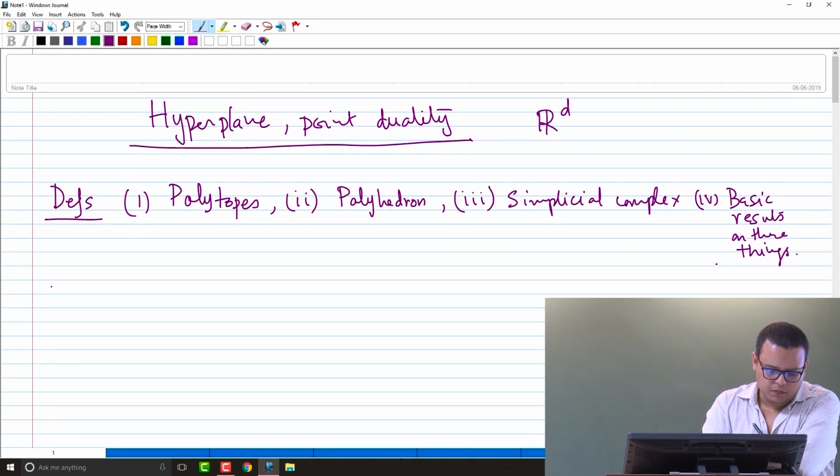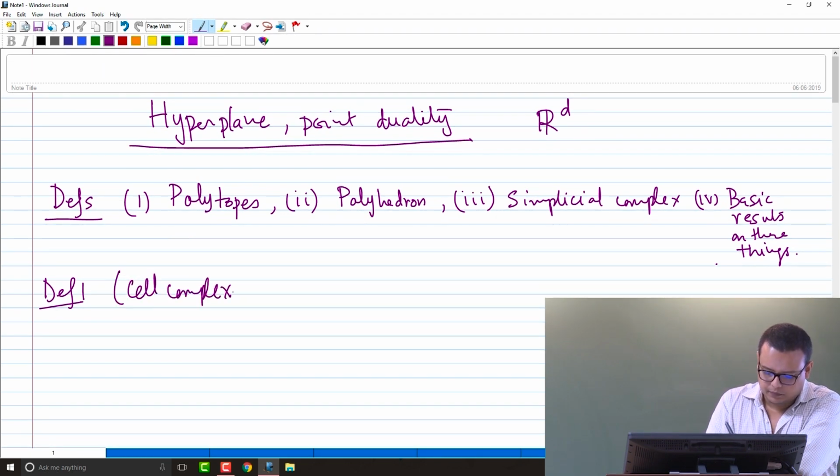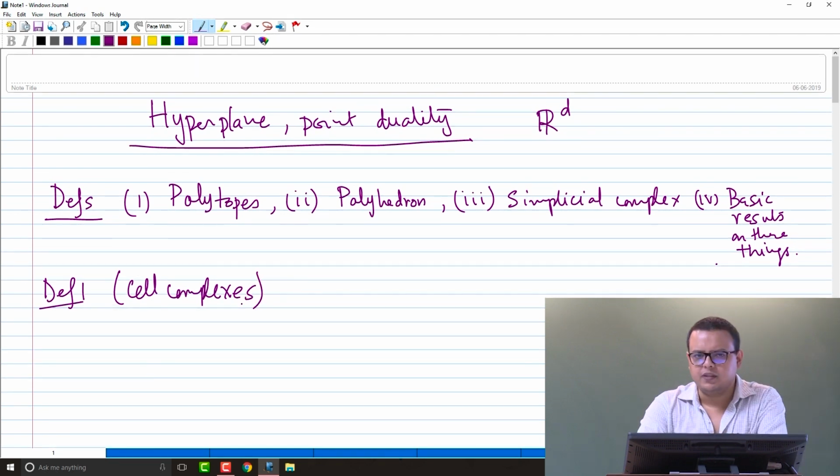Before I begin today's class, I need one more definition, what are called cell complexes. Cell complexes will be a generalization of geometric simplicial complexes. So what will it be?